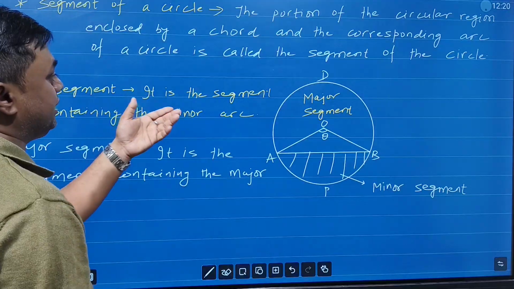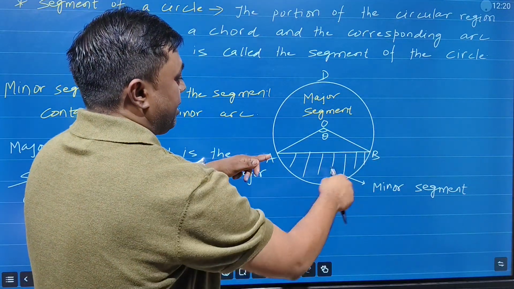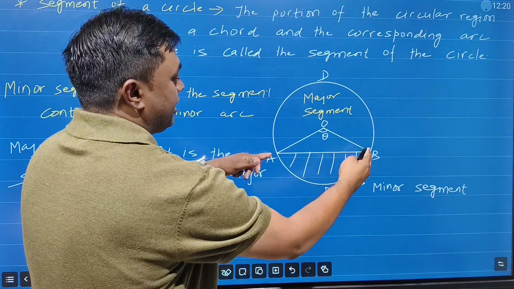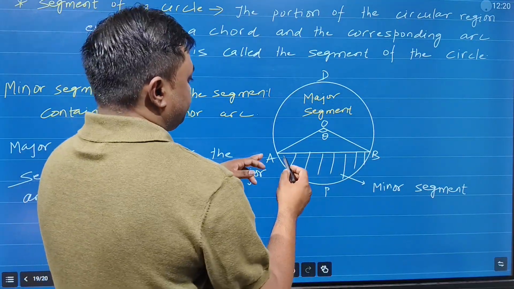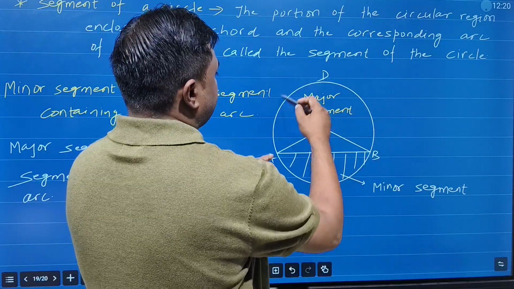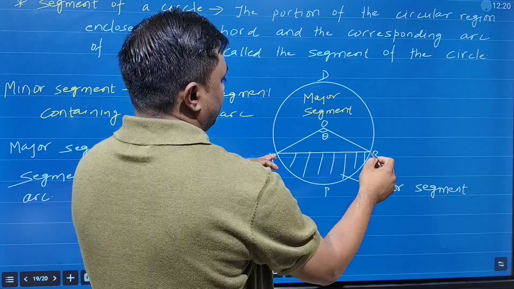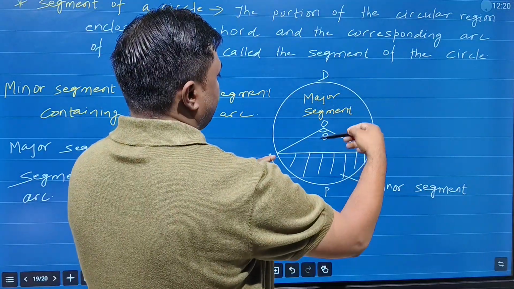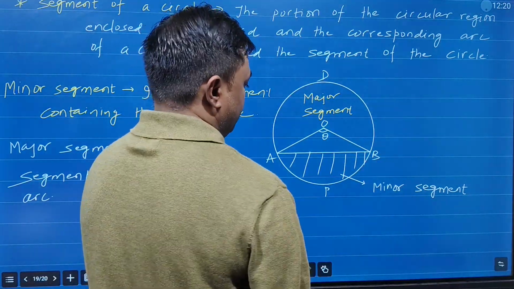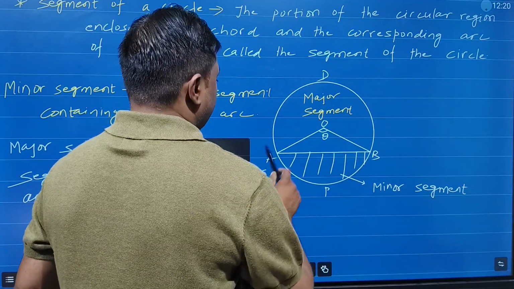So what is the minor segment? It is the segment containing the minor arc. So AB is the minor arc, and this is the minor segment. If you see ADB, this is the major arc, and this chord with the major arc is called a major segment. Let's take a green color.